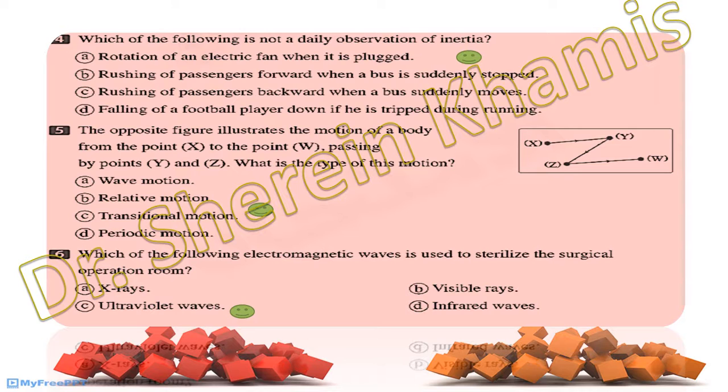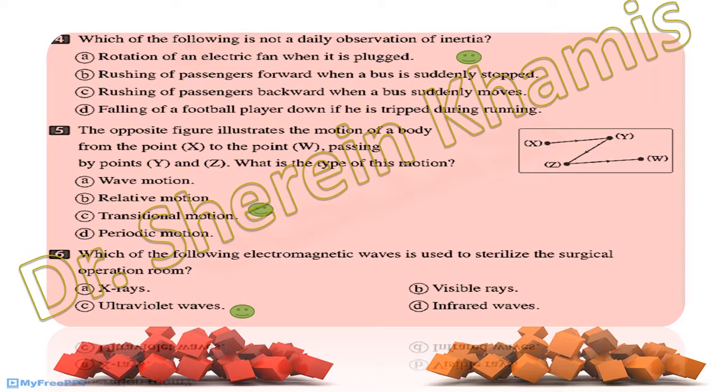So it is very important. Infrared waves are used in heating, as they have a thermal effect, like we use in the microwave. As we know, this kind of ray gives high heat.